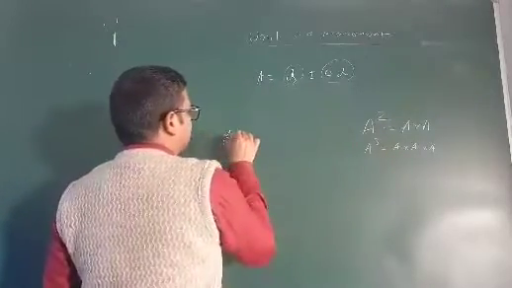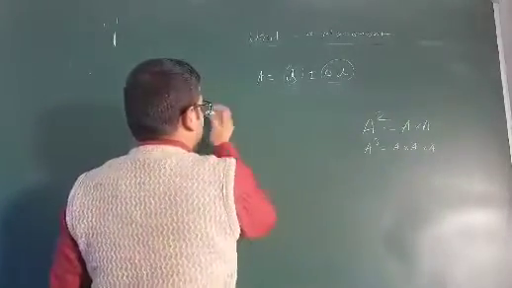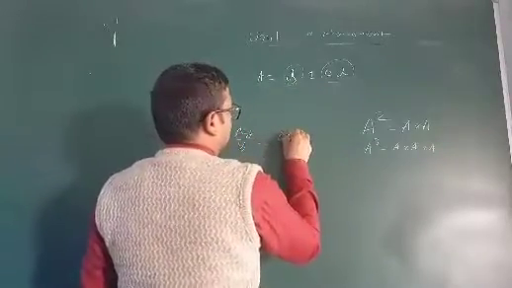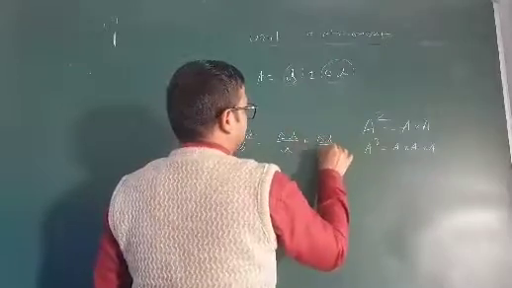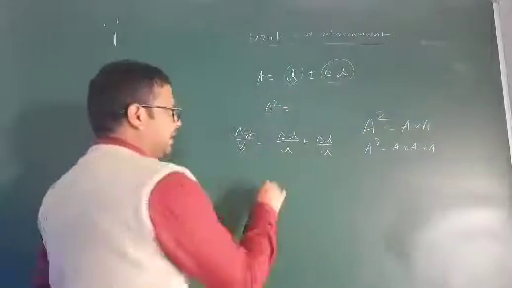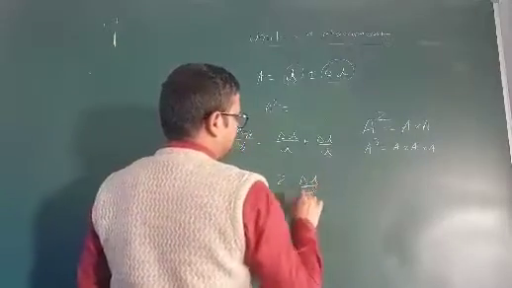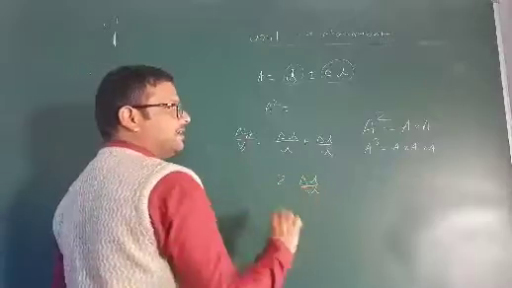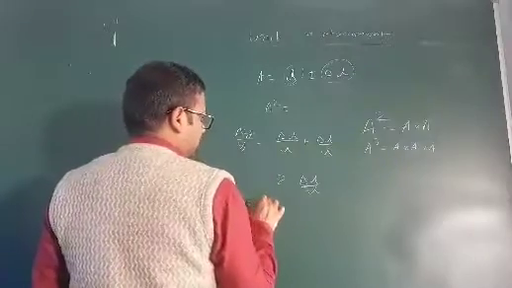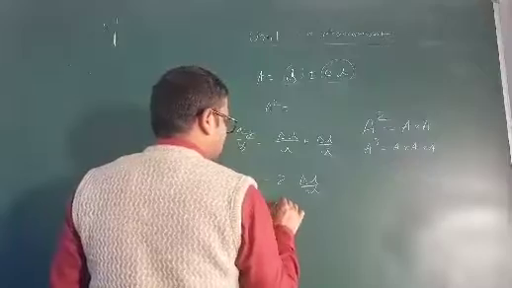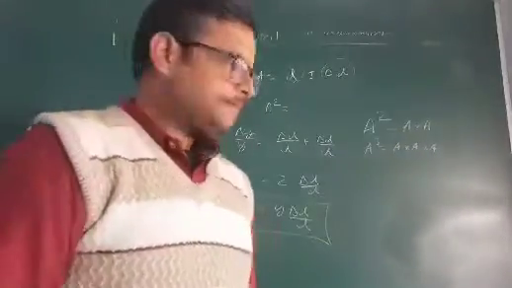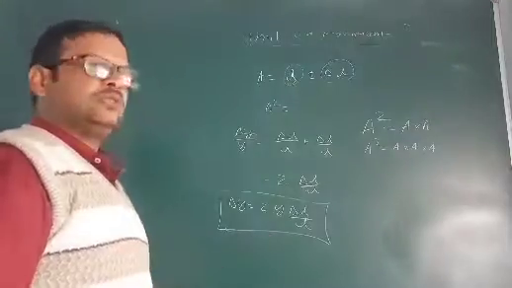Suppose A square is y. Then delta y by y equals delta L by L plus delta L by L, that is 2 delta L by L. So delta y equals 2 y delta L by L. This is the basic concept of how to find the error for a power.